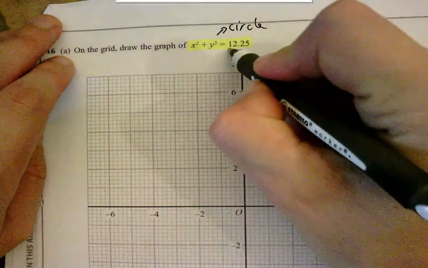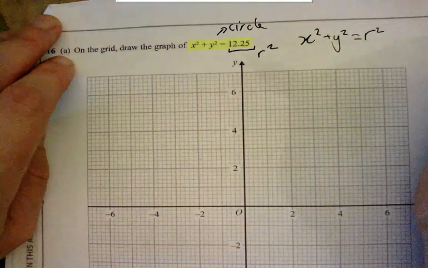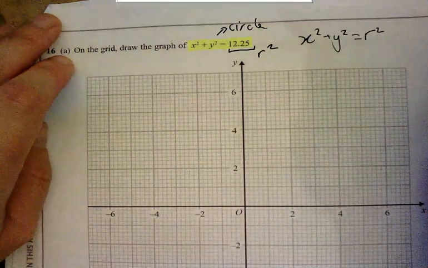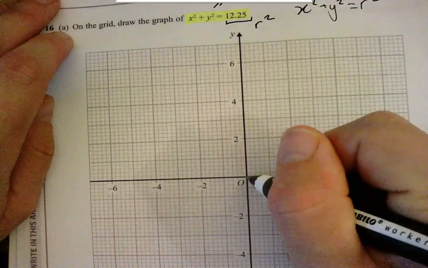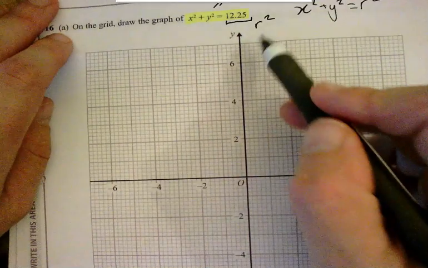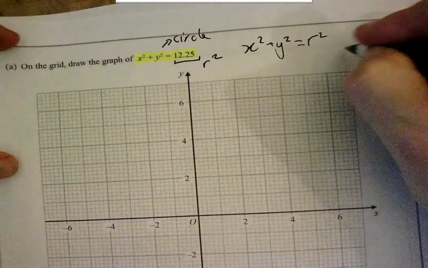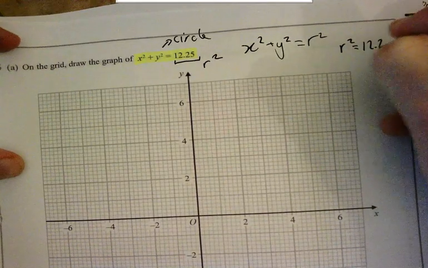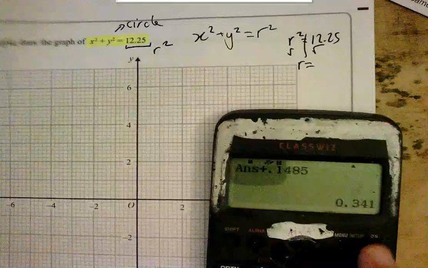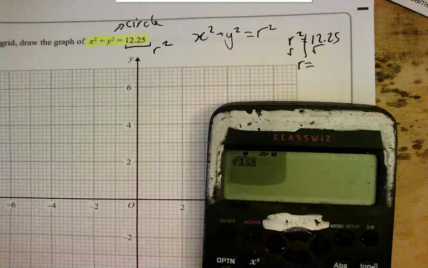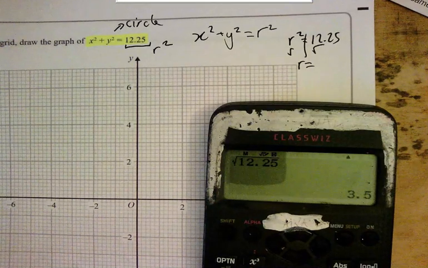I know that this thing is r squared, and I also know it's a circle centre at the origin from my core knowledge. So the centre is going to be the origin, and I'm just going to work out the radius. If r squared equals 12.25, I'm going to square root both sides to find r, which is 3.5.